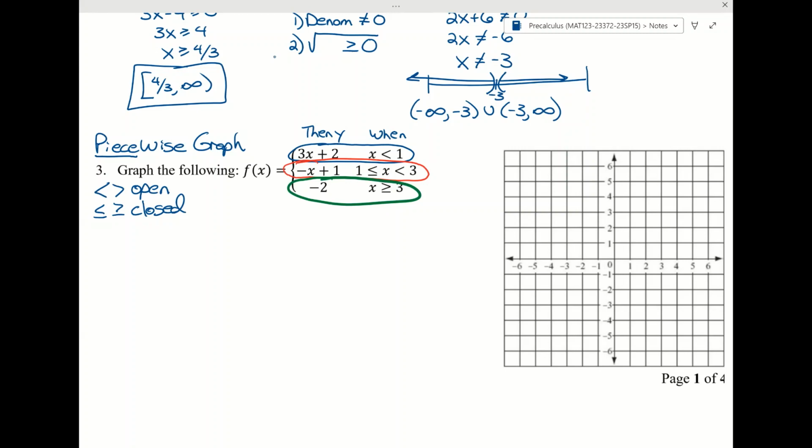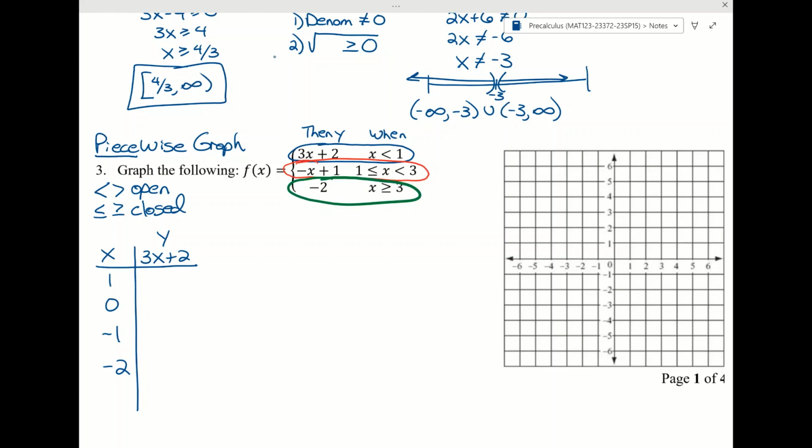So let's go ahead and do these in pieces. The first piece was when x is less than 1. So what I'm going to do is I'm going to start with 1, and I'm going to pick x values that are less than 1. And the y value is going to be 3x plus 2.